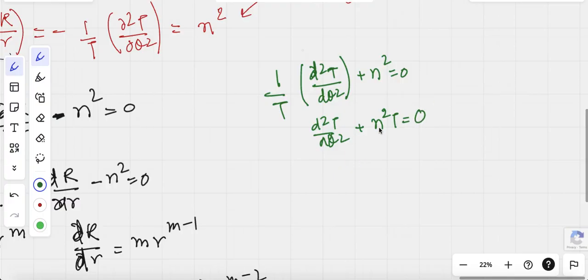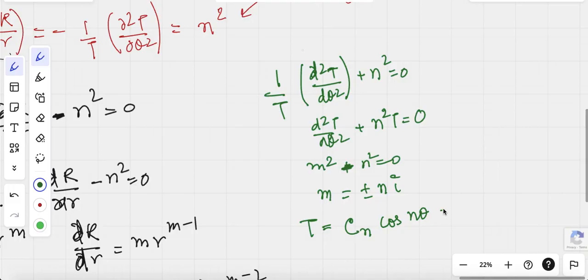The complementary function, with n raised to 0, equals plus minus i, right? So we have T equals Cn cos n theta plus Dn sin n theta.